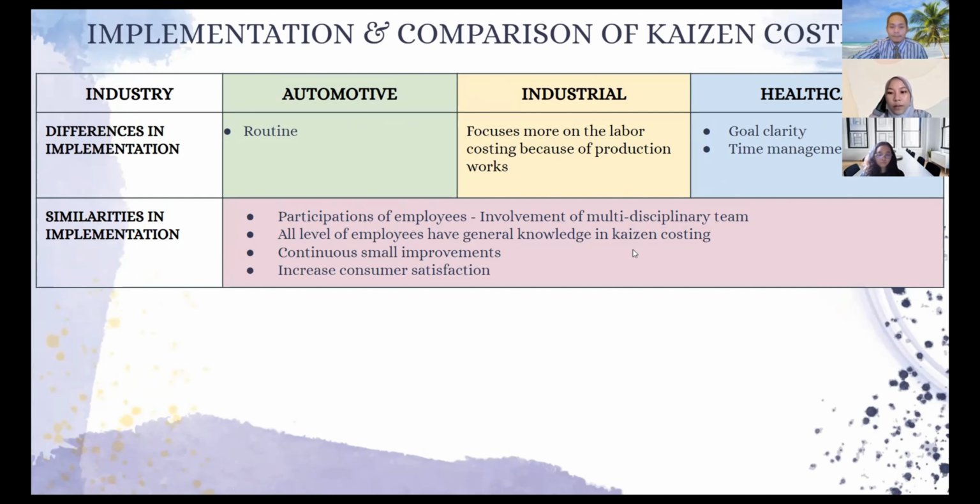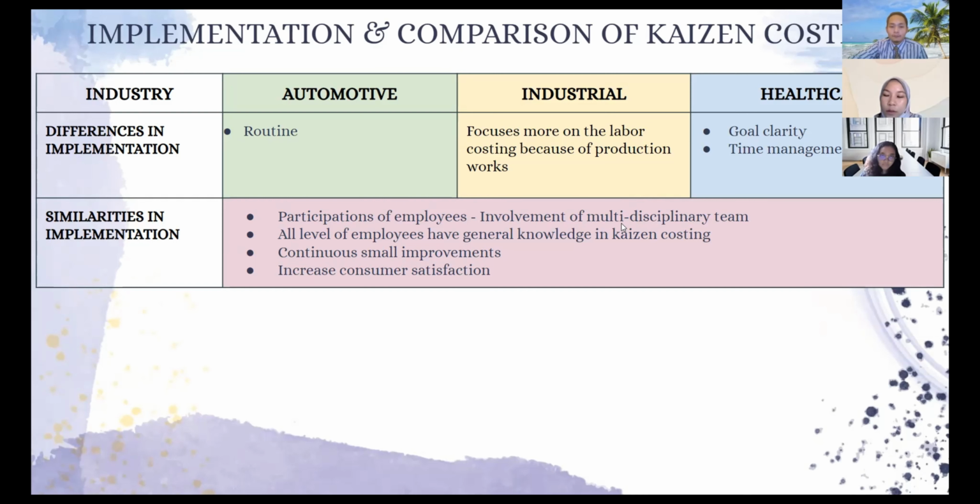In the manufacturing sector, they do routine operations specified by the company, while healthcare sector employees are more educated and self-sufficient in arranging their daily tasks. Therefore, the manufacturing workers can implement Kaizen costing more easily as they operate with a new perspective.